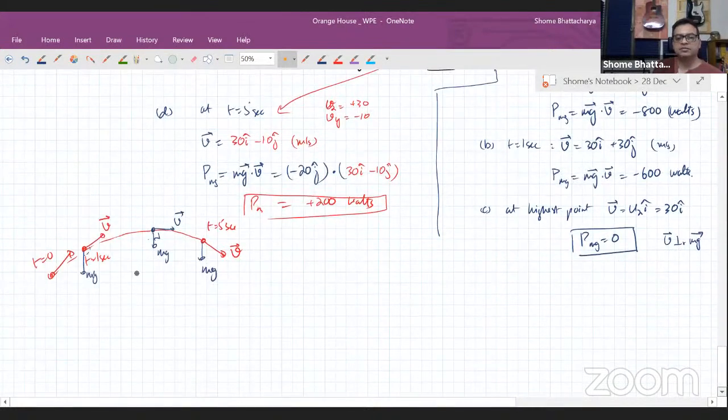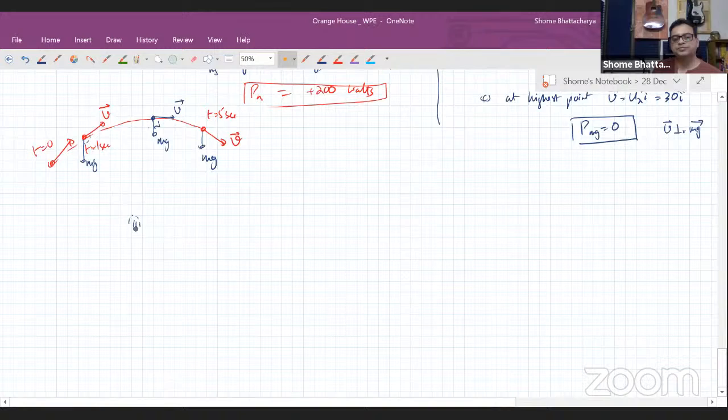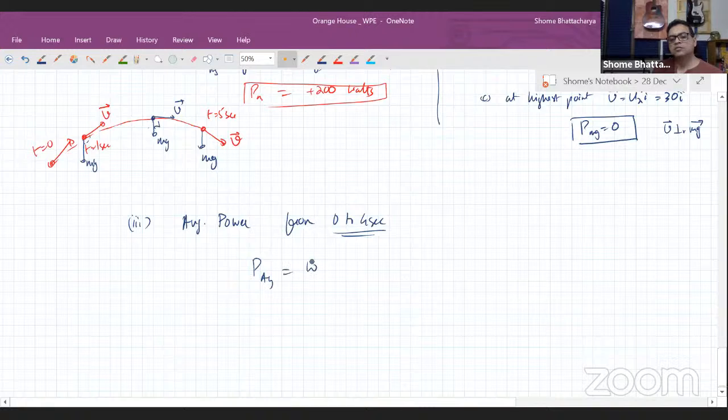Now coming to the second part, the average power. Average power from 0 to 4 seconds. Let's calculate that. So the average power is going to be work done by mg divided by the time interval. So we have to calculate work done by mg from 0 to 4 seconds.